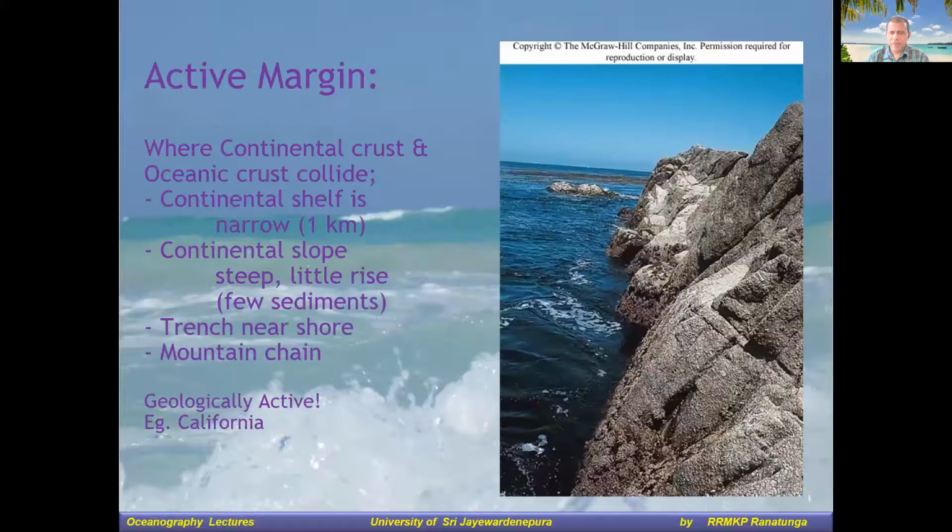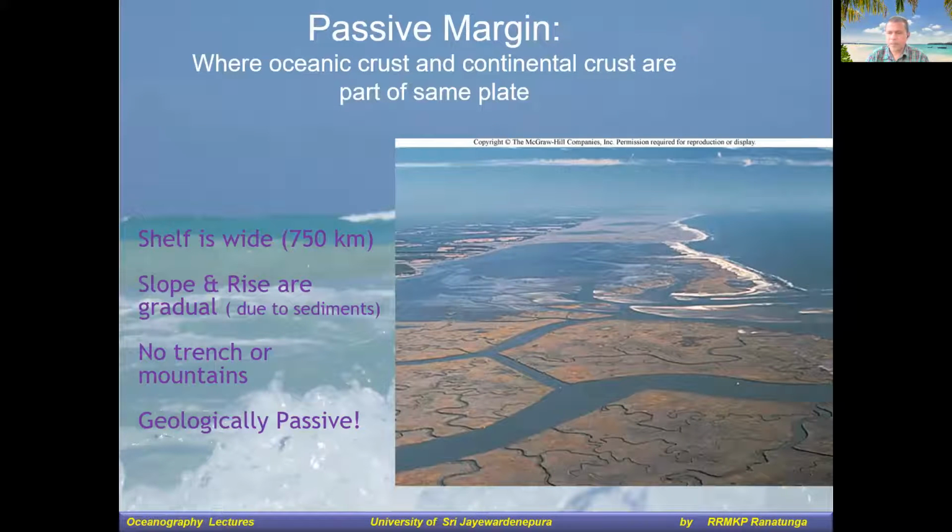And you look at the difference here, the active margin, and in the next image you will see the passive margin. They are very flat, with a lot of rivers flowing and a lot of sediment deposited. Right? Very wide beaches, and the continental shelf will be very wide and shallow.